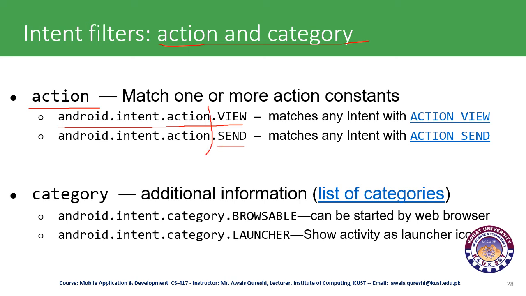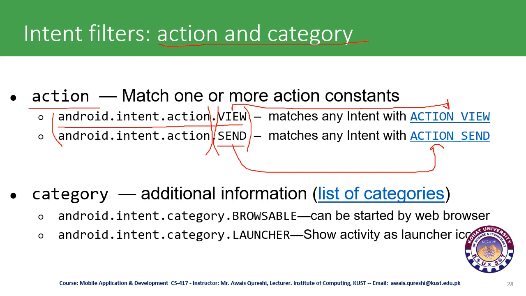This part is the same, only the last part is different. It is matchable with this, and this is matchable with this action. That's why we call this an implicit intent, because it matches actions with these keywords.